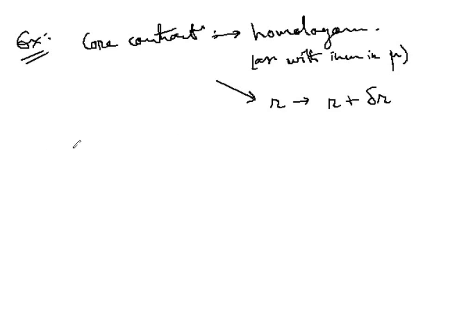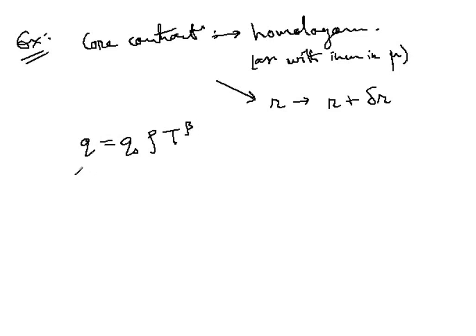Now, suppose the energy generation rate is given by this value, say Q. Instead of epsilon, I am writing Q. Q is some constant Q0 into rho into T to the power beta.